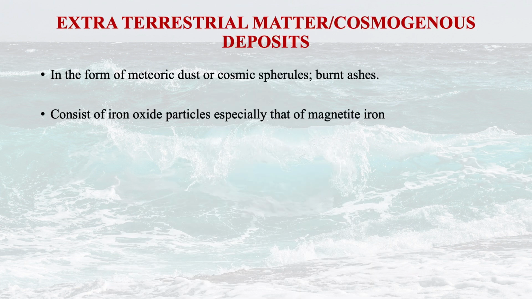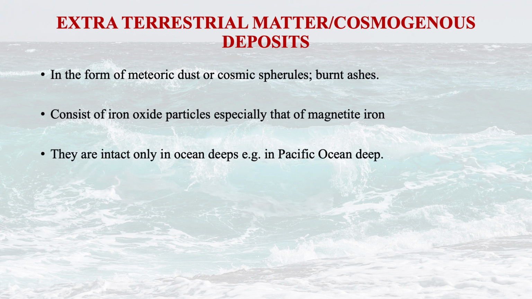These predominantly contain iron oxide particles, especially magnetite, and they are intact only in the deep oceans. Otherwise they are mixed with other sediments and are not easily distinguished. In the deep oceans, especially in the Pacific oceanic deeps, they are found.